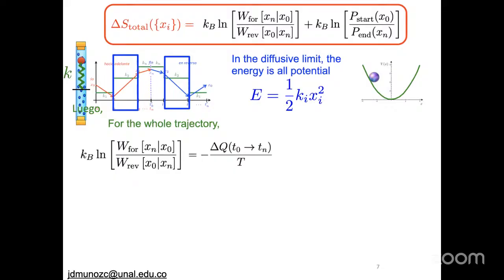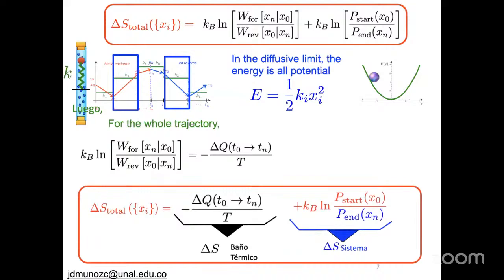So what you have here is the entropy increment on the thermal bath. And if that is the entropy increase on the thermal bath, then together with the entropy increase on the system, this is the reason why this is the total entropy increment.